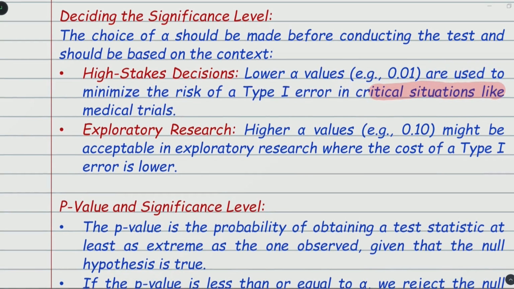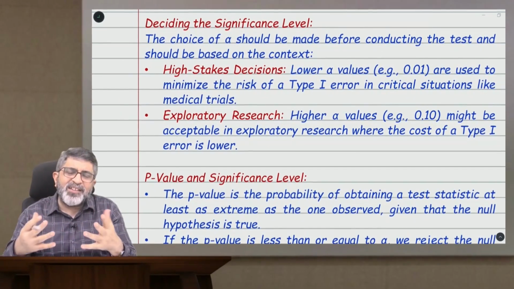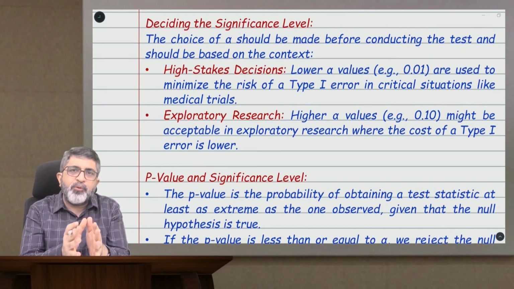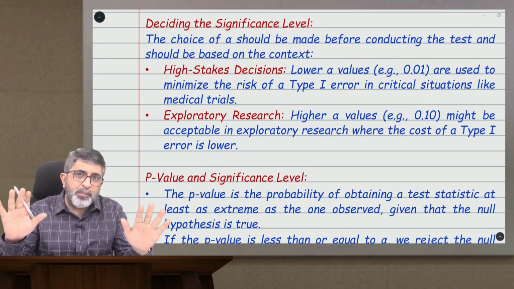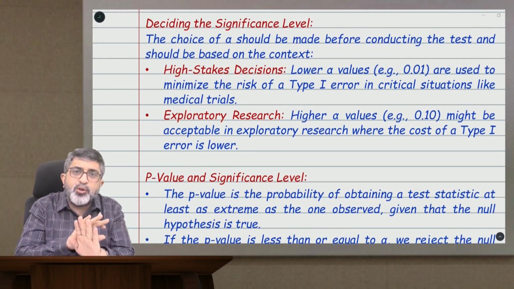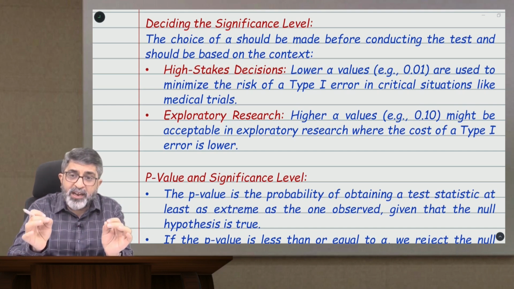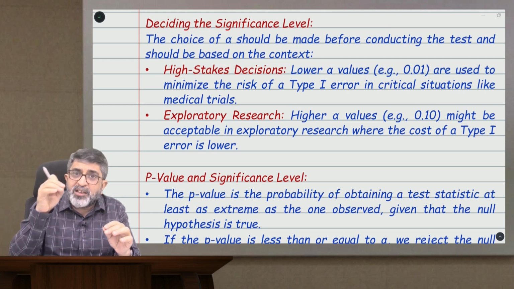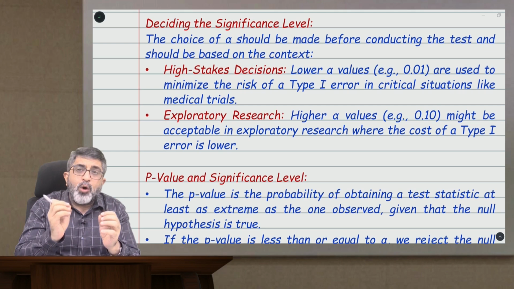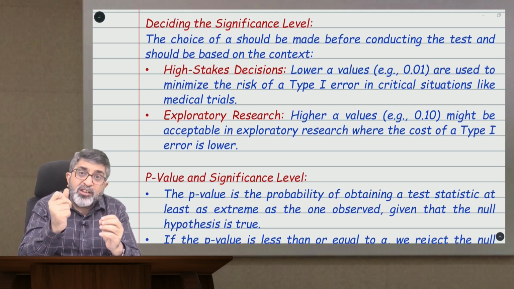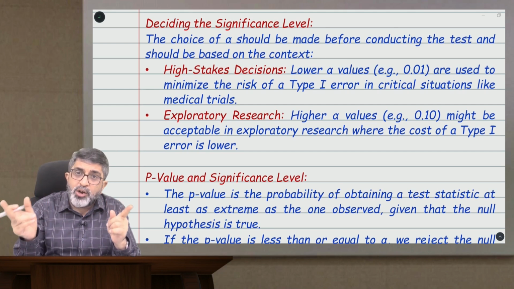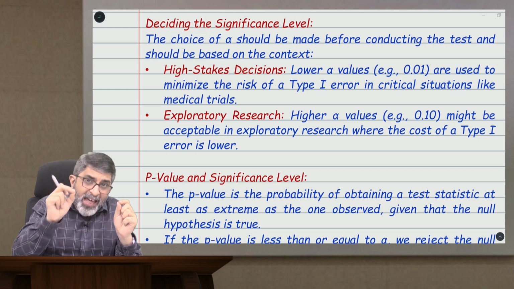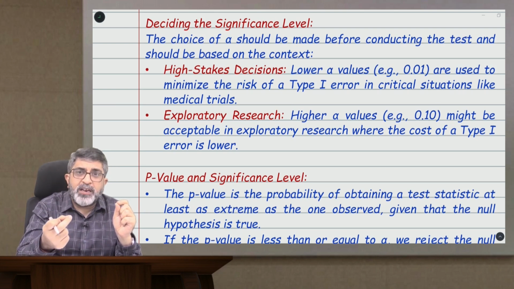Now see what happens. When medical trials are conducted, the null hypothesis comes up with a statement that the new drug has no effect. Status quo, correct? That means the new drug has no effect. The alternate hypothesis would claim that the new drug has an effect. Now, suppose you reject the null hypothesis and accept the alternate hypothesis, which indicates that the drug has a significant effect.